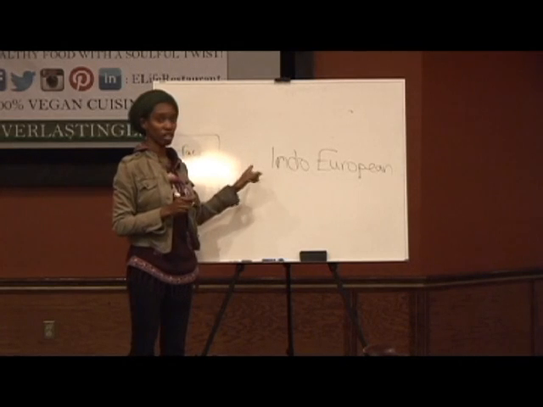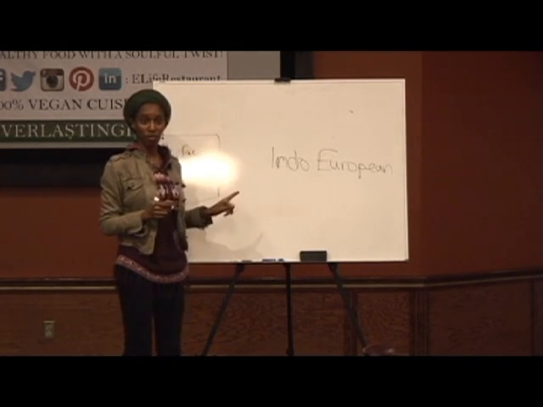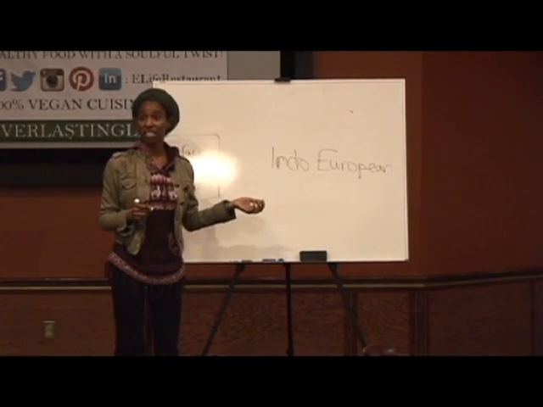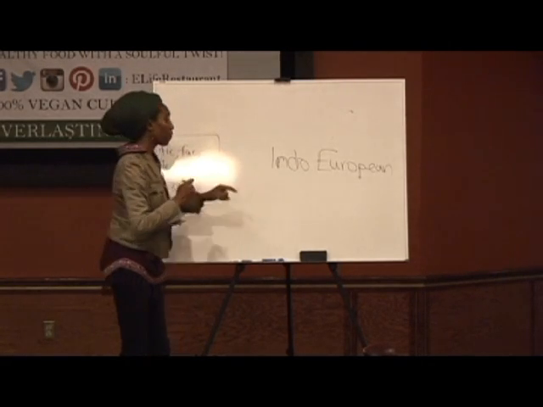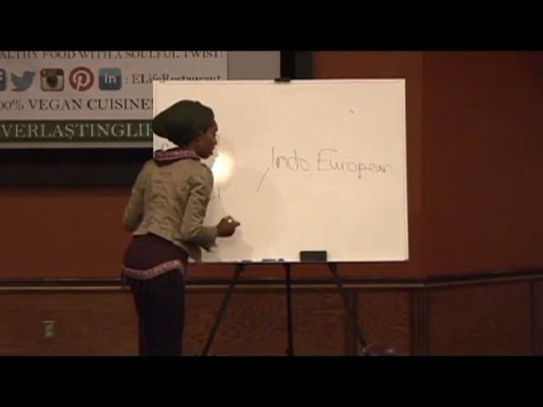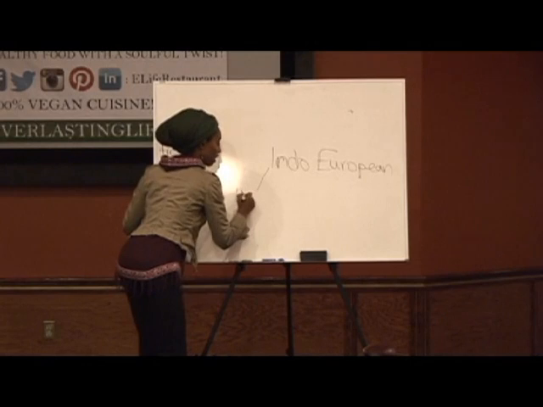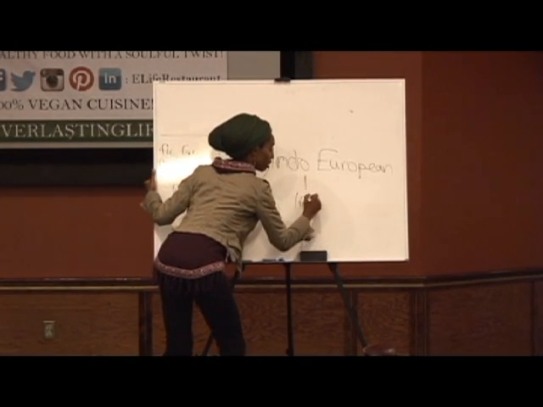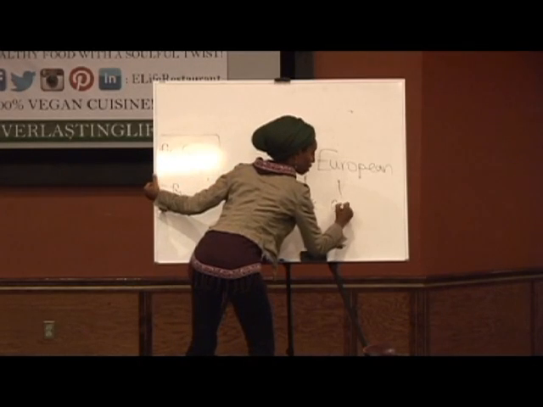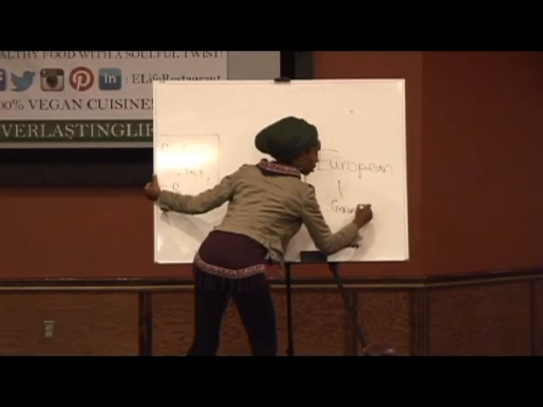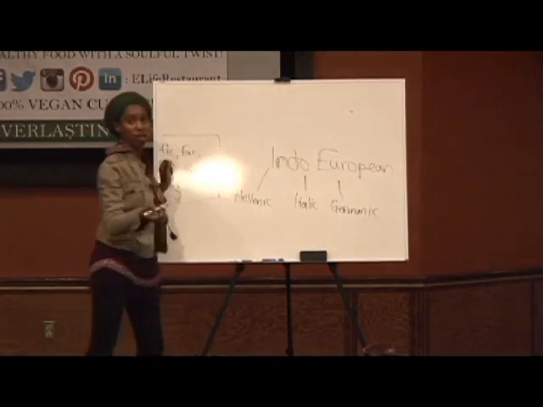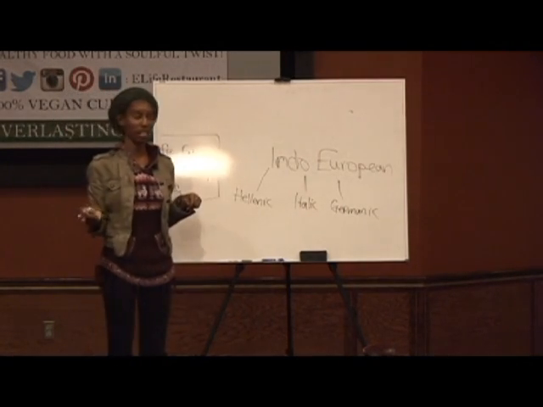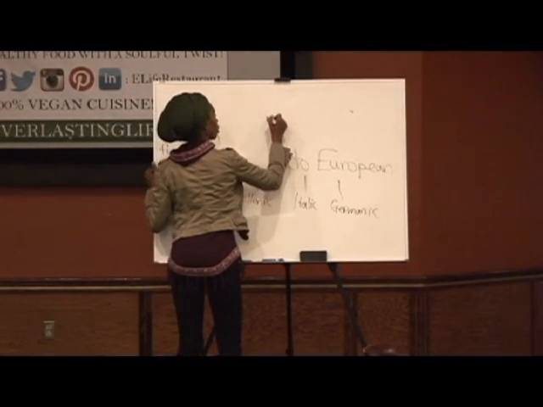Indo-European is one family of languages, just like Semitic is another family of languages. From Indo-European it's broken down even further: we have Hellenic, Italic, Germanic, et cetera, and Indo-Iranian.